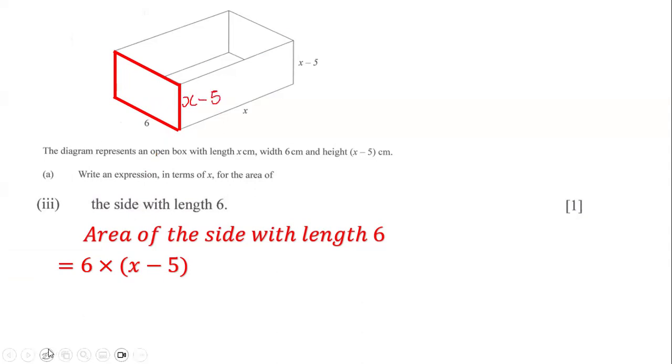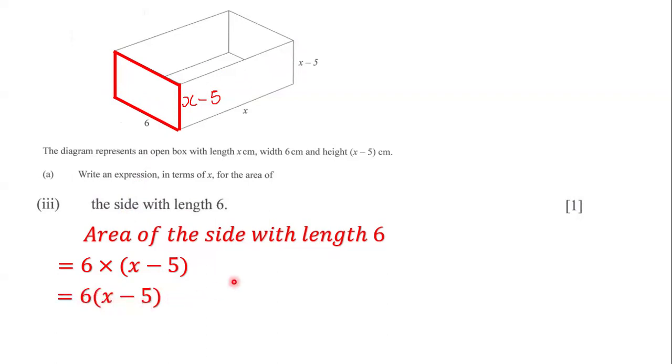And the reason why we know that this side is equal to x minus 5 is because this is x minus 5, and so this must also be x minus 5. So we have 6 multiplied by x minus 5. And so that's the area of this side. 6 multiplied by x minus 5.